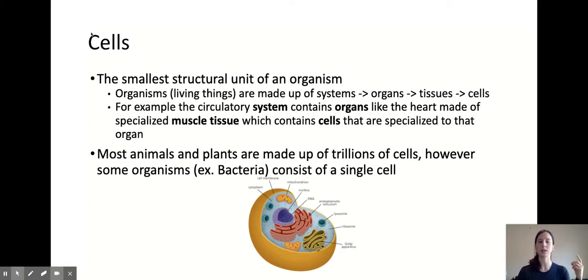Like your brain cells are going to look very different from the cells in your heart. So we're going to go through a pretty generic cell just so that we can get an idea of what the organelles do. But just so you know, cells do look very different depending on where they are in your body. Most animals and plants are made up of trillions of cells, but there are some things like bacteria that are actually only one cell.